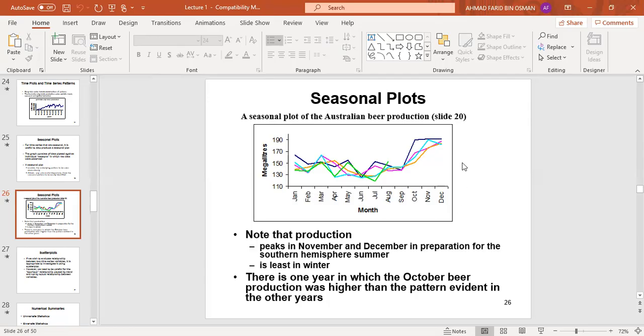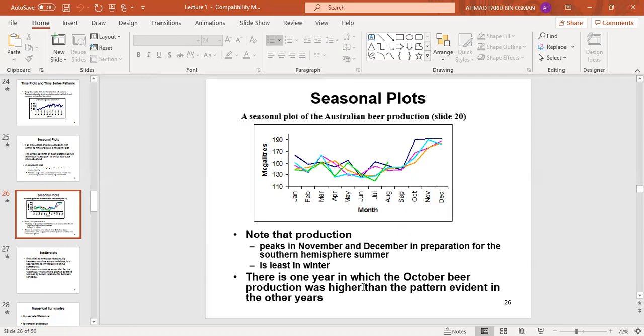So based on the graph, you inspect it, you can see, and then you investigate why, and then you understand. Here it has higher values compared to this one because this is during summer. People drink more during summer as compared to winter.